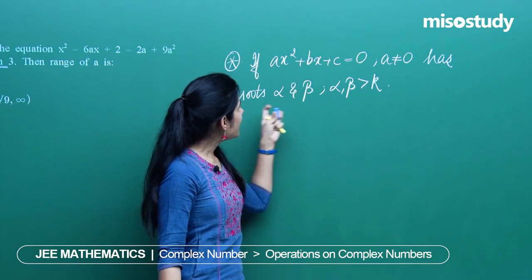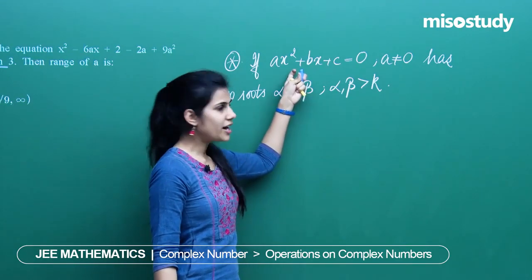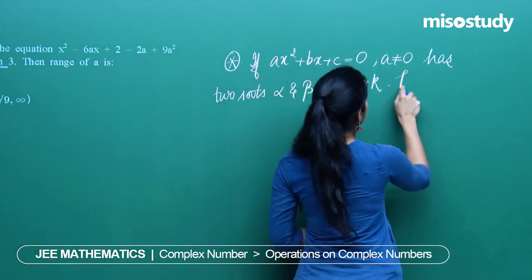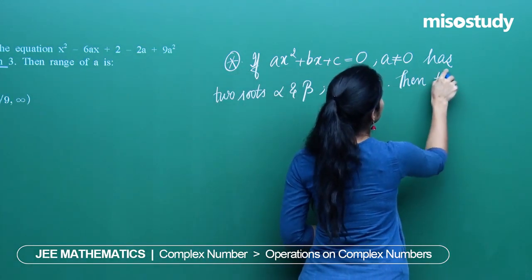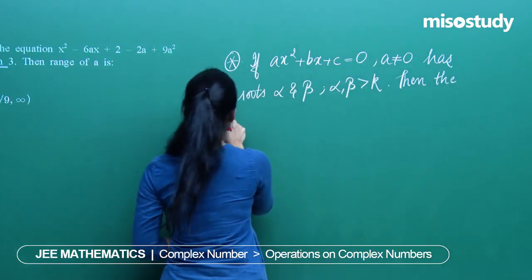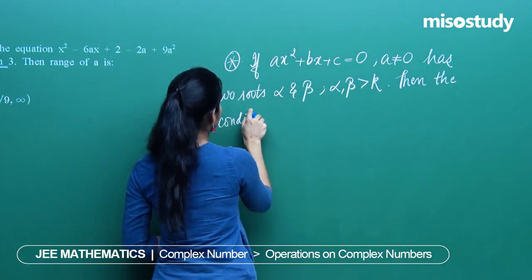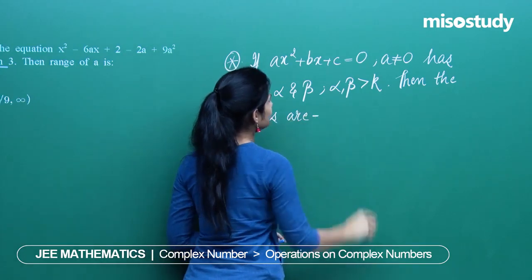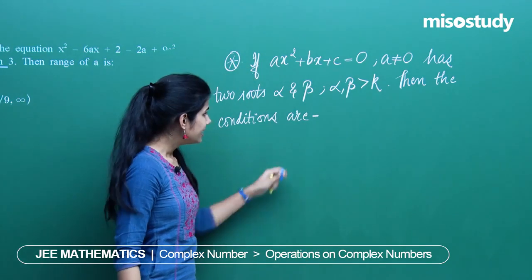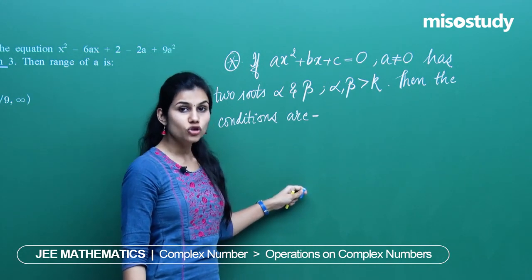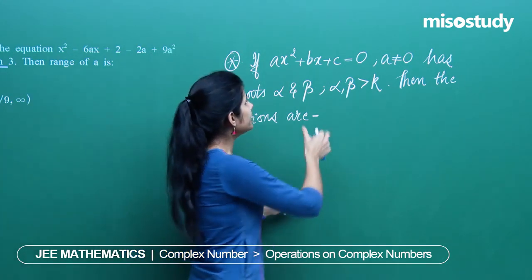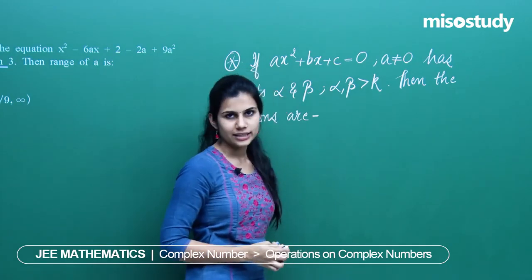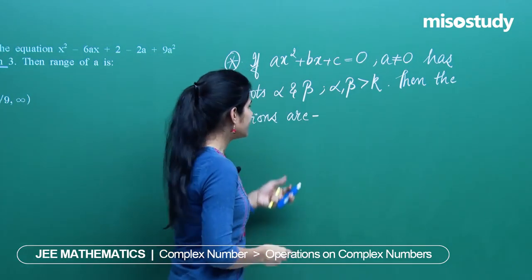So, if alpha and beta are the two roots of this quadratic equation such that both are greater than k, then what are the conditions? Well, there are three conditions which should be satisfied for this quadratic equation to have both its roots greater than k.